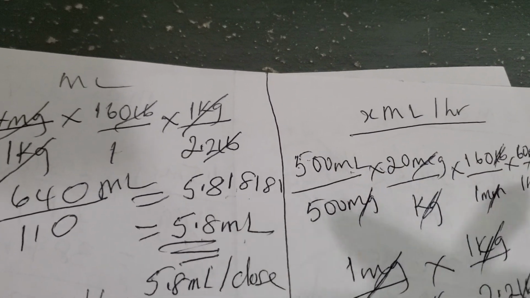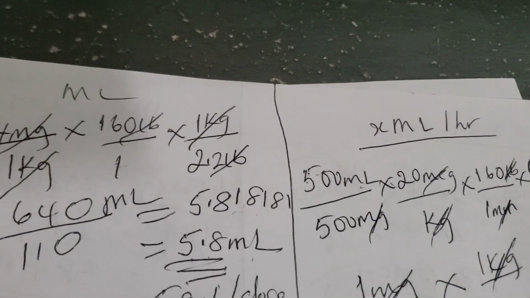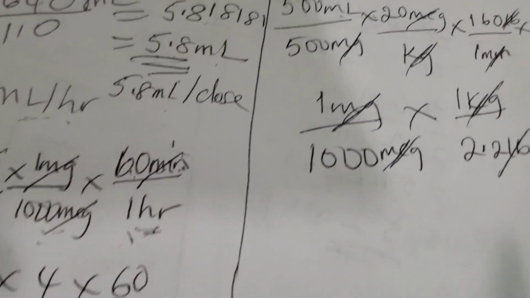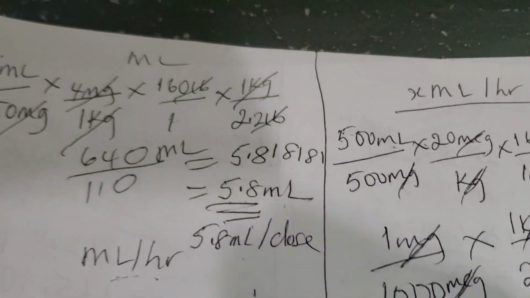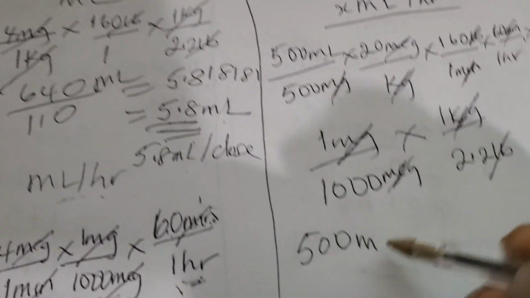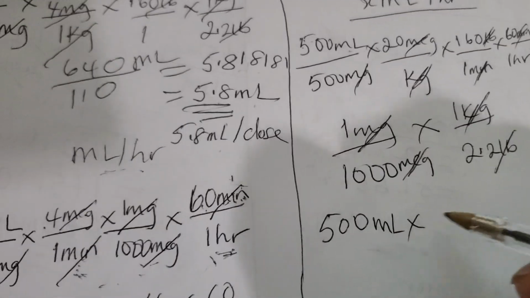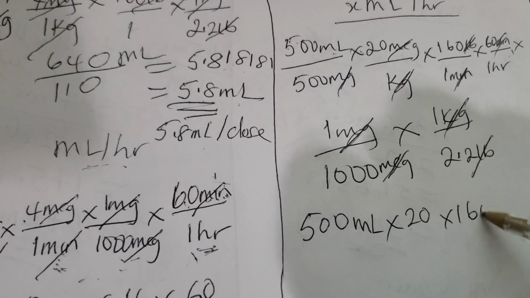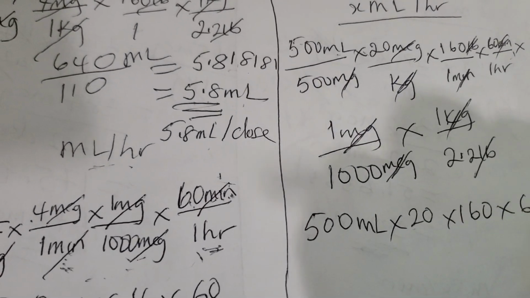Now let's multiply across the numerators, and then we'll do the denominators as well. Okay? All right. So we have 500 ml times 20 times 160 times 60.